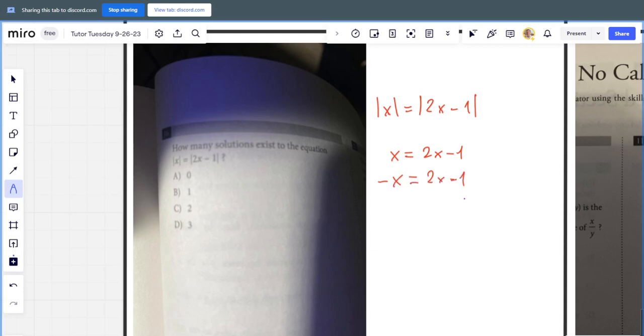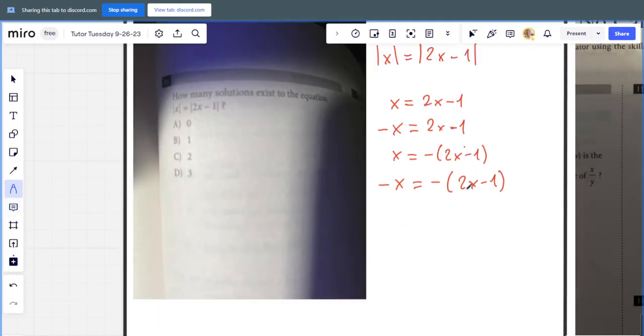It's another case where everything's positive except for that first part. We could have x equals negative of 2x minus 1. So in this case, this side's positive, this side's negative, and we could have x or negative x equals negative 2x minus 1. So those are the four cases we could potentially solve out and see what we get.